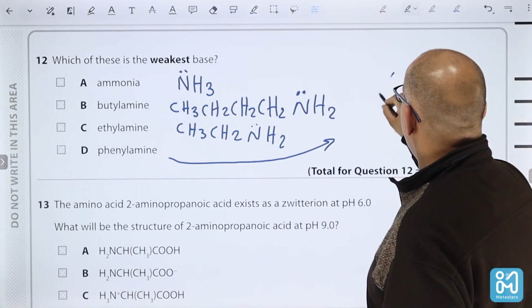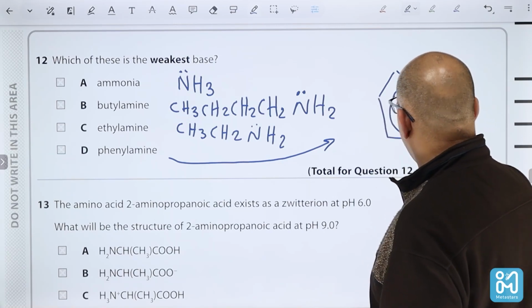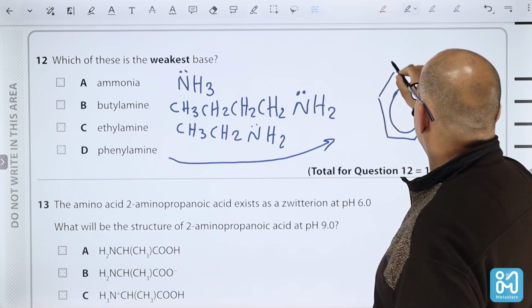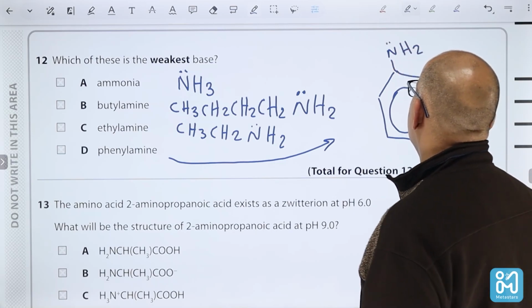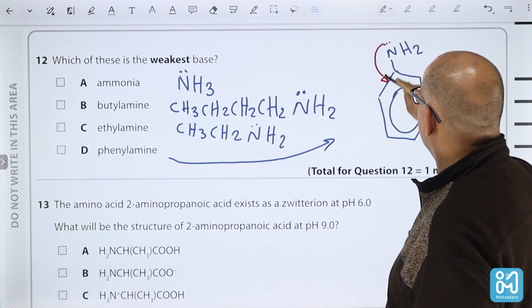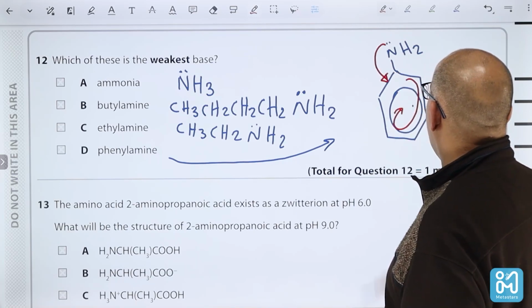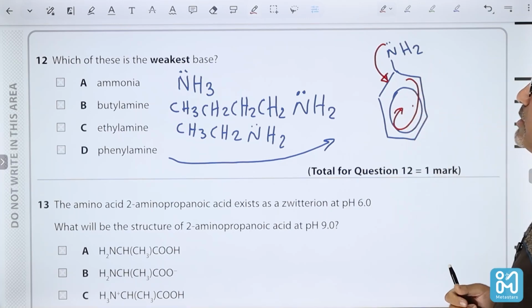Here we have a ring, and the lone pair shares in the delocalization of electrons, which makes these electrons not easy to be donated to external electron acceptors.